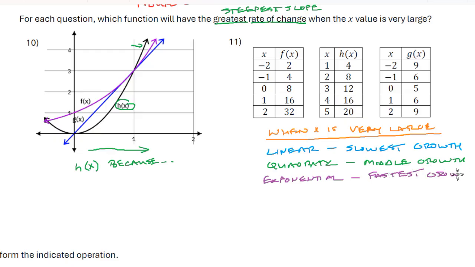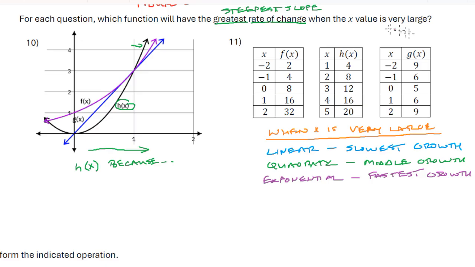It doesn't matter how the actual graph starts off. It doesn't matter that this one starts as 2, this one 4, and this is 9. Don't use that as a way to figure it out. Don't look at the ending number either to figure it out. It doesn't tell you anything.